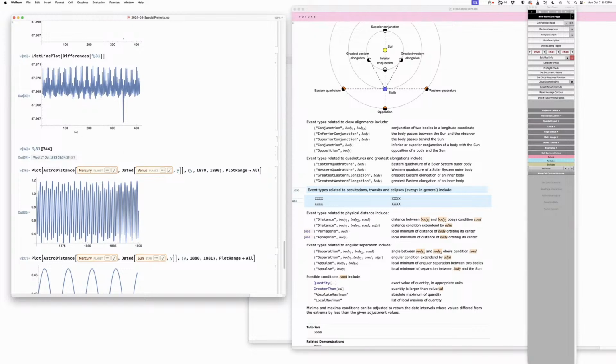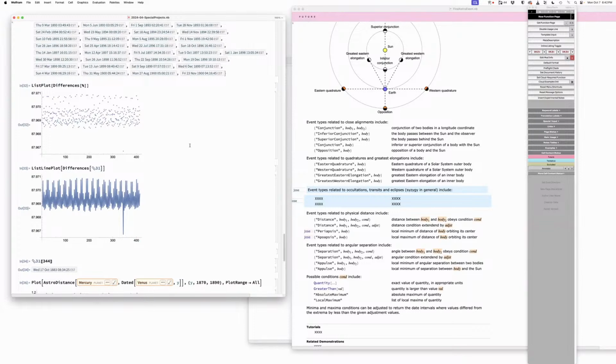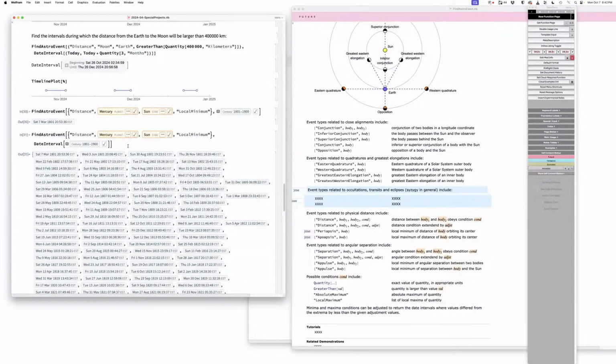But we can make a nice example from the advance of the perihelion, presumably, if we could even figure out how that works. That's incredibly cool that we can do things like this.